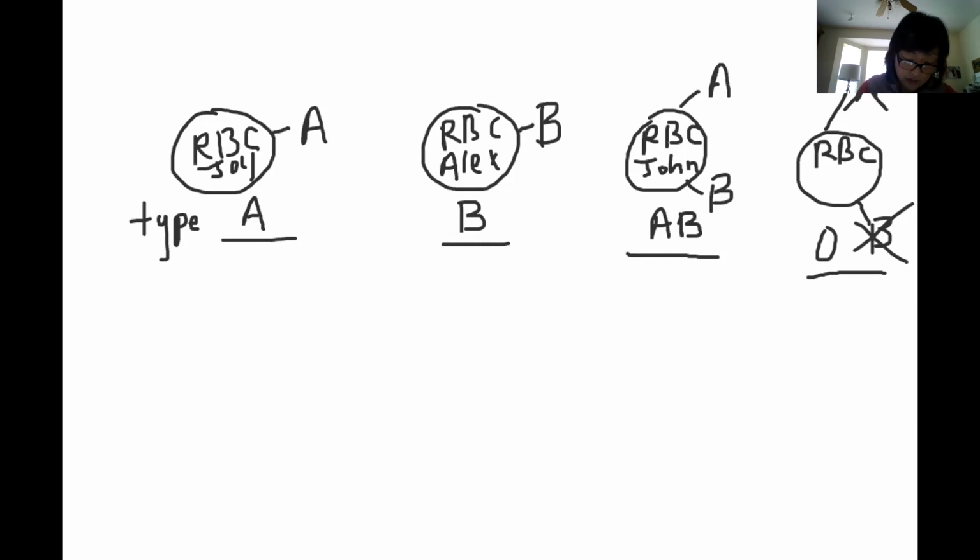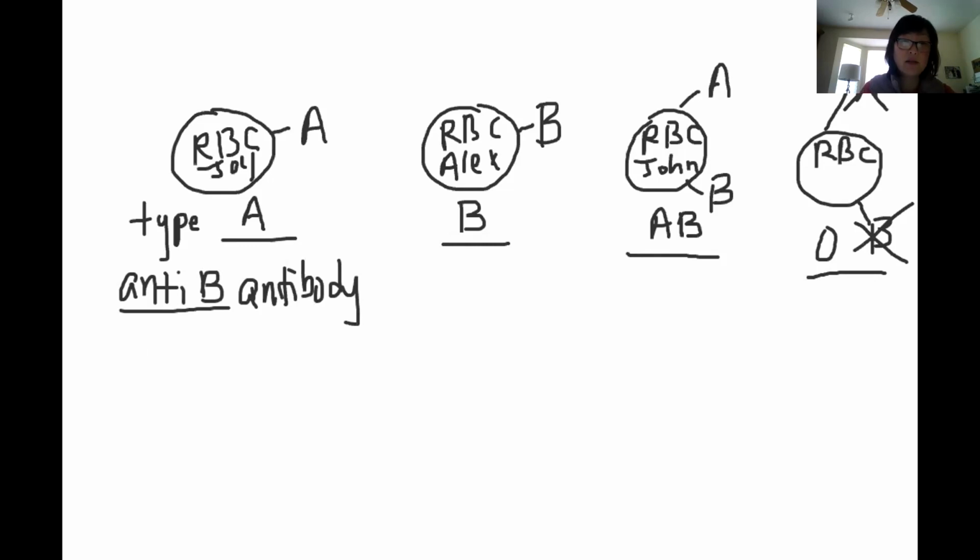If you have type A blood, then during fetal development, you already developed anti-B antibody. So this is a given. If you have type A blood, you always have anti-B antibody in your blood plasma.